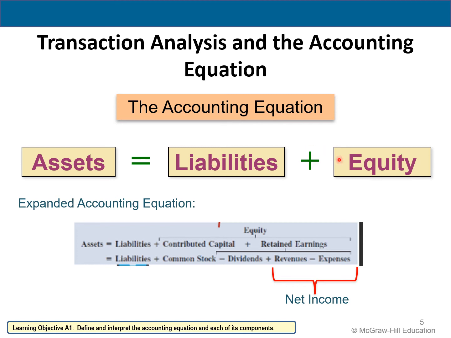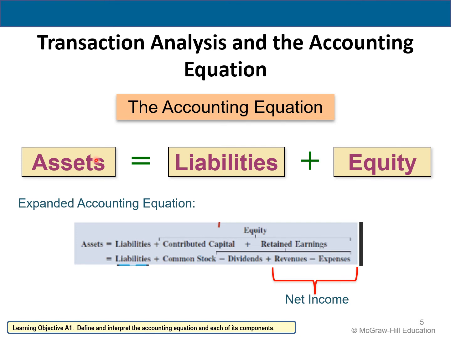Equity. So equity is the residual. It's the owners' claims against assets. So if we look at this equation, assets is on this side by itself. If we think of liabilities as the claims of third parties against assets, then equity is the claims of owners against assets.